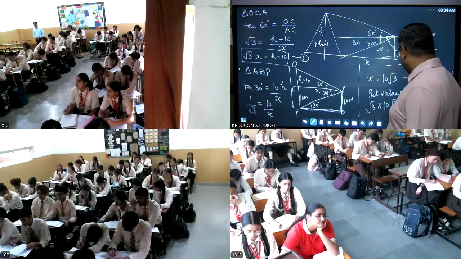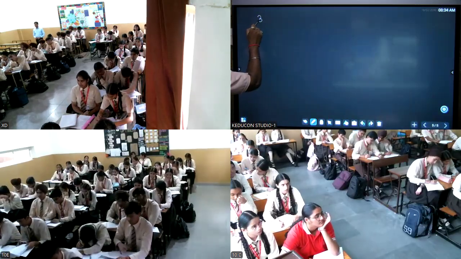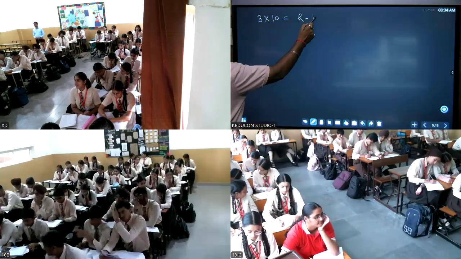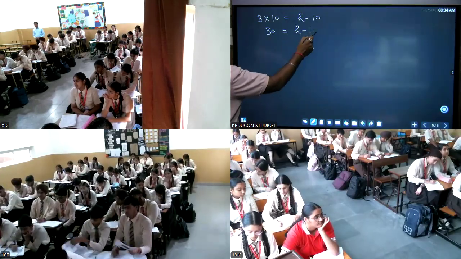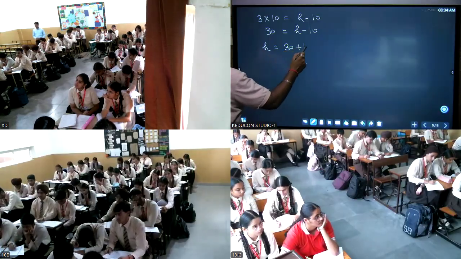So इसको आगे सॉल्व कर लेते हैं बच्चों. 10 into root 3 into root 3 will become 3 into 10 equal to h minus 10. 30 equal to h minus 10 and h equal to 40.